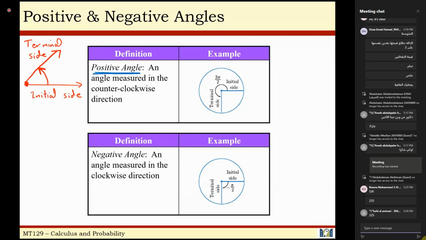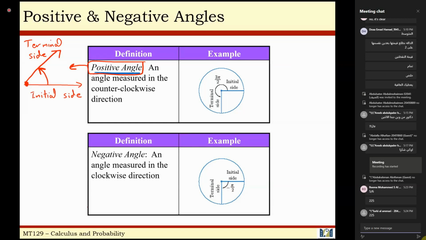So we have a positive angle: the initial side reaches the terminal side by counterclockwise movement.